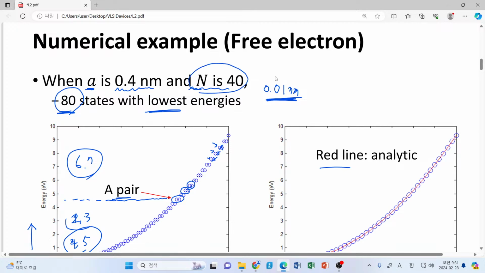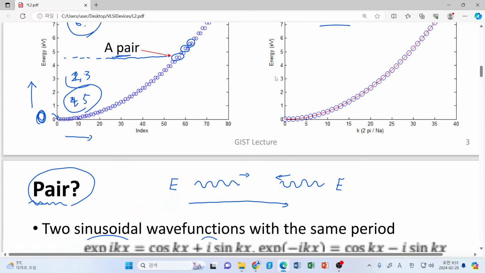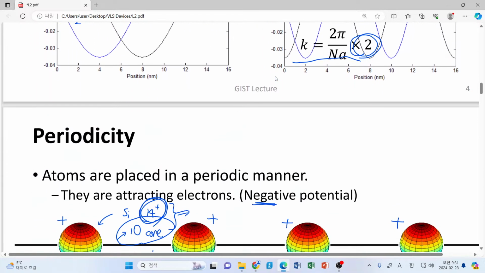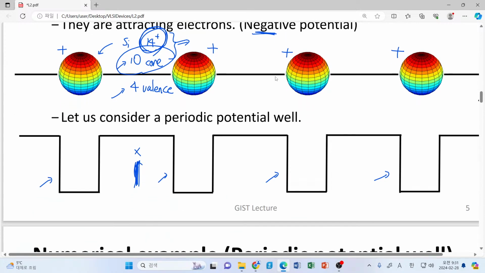So I will introduce 40 potential traps, or small wells, into our system in a periodic way. Their potential profile will look like this, with 40 copies of this potential.